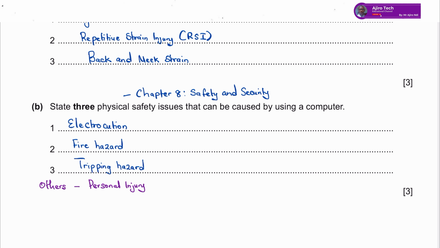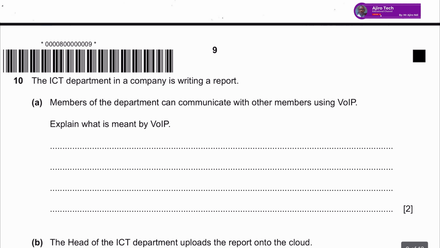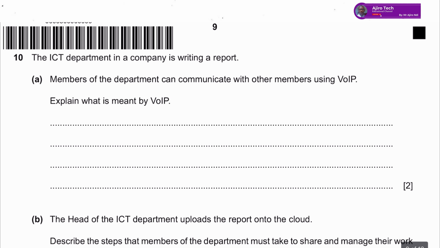Okay. Let's look at the next one. The ICT department in a company is writing a report. Members of the department can communicate with other members using VoIP. Explain what is meant by VoIP.